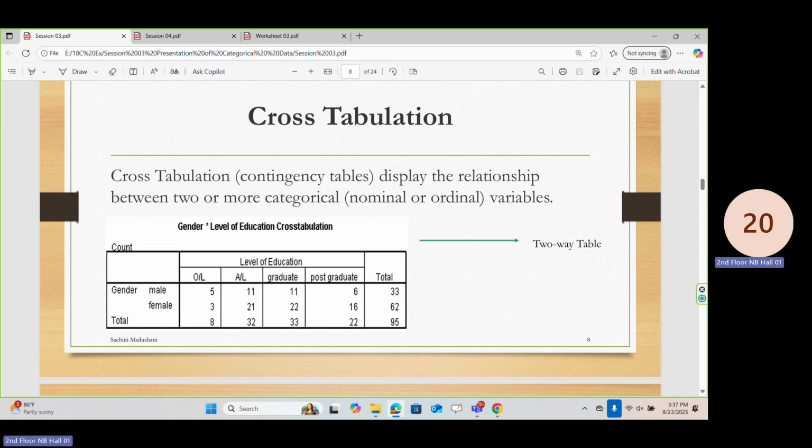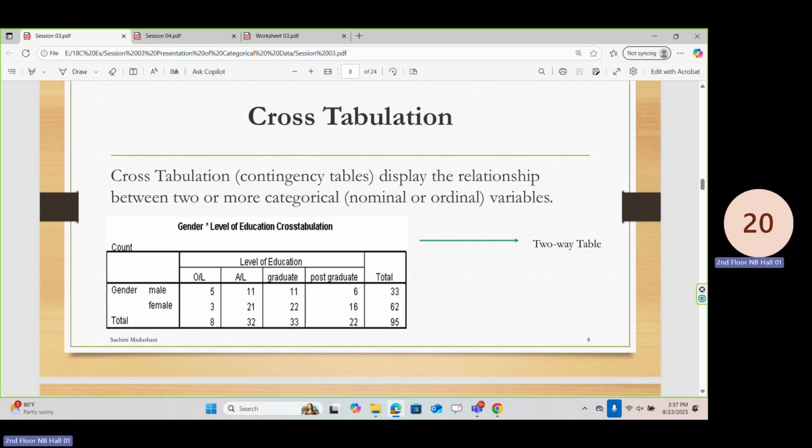This cross-tabulation, we can say is a two-way table. Okay, why? Because there are only two categorical variables. Here, row-wise represents the gender category, column-wise the level of education.